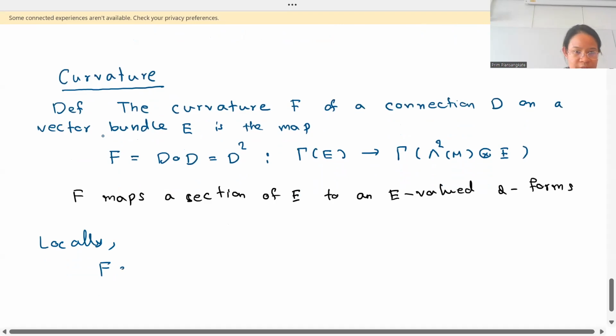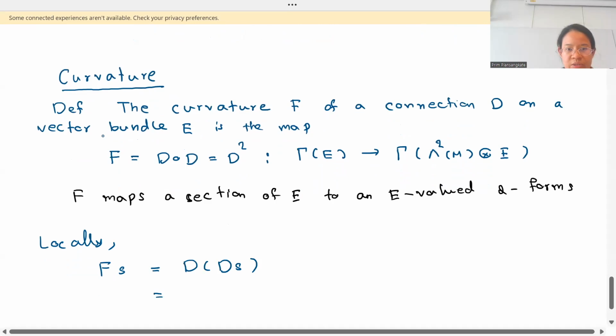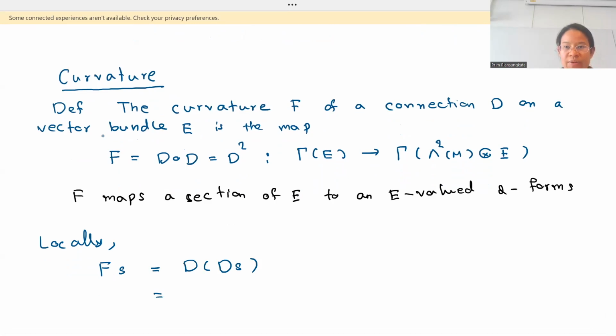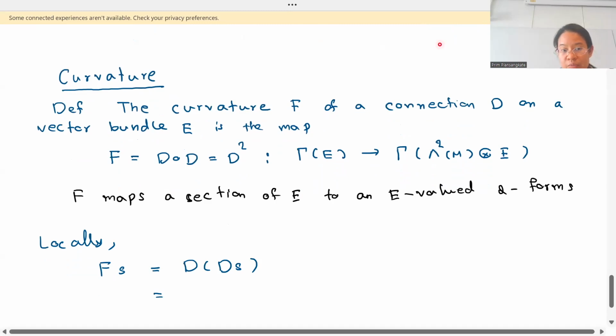So we can derive it by looking at F acting on a section s. By definition, it is just this. And then we just use the local expression for the covariant exterior derivative, because this is an E-valued one-form. So we have this, which is up there.